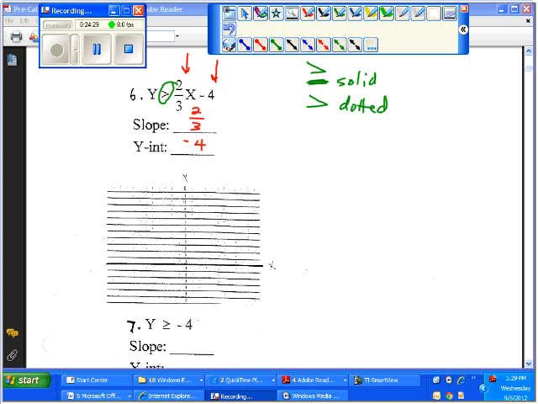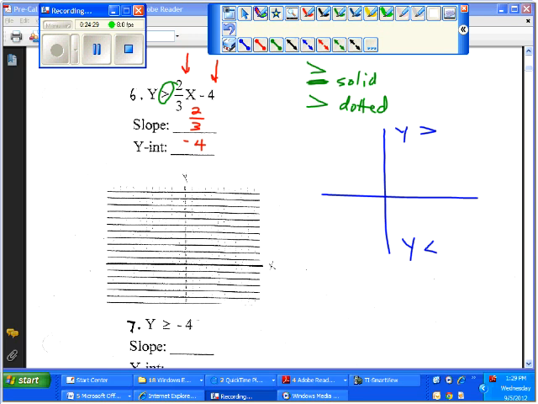Now, the other thing is, do you shade up, down, left, or right? How do you know when to shade up? When y is bigger, because y is bigger, up. How do you know when to shade down? When it says y is smaller, because y gets smaller, down.